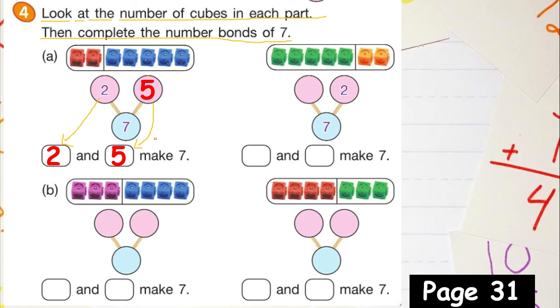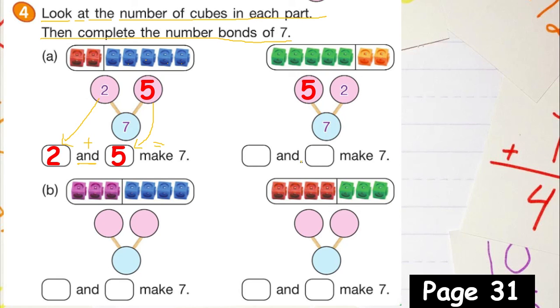Okay, so in English word, if we say and, meaning that's a plus, okay? You're going to add them. Okay? 2 and 5 make 7. Okay, the next one we have here 1, 2, 3, 4, 5. So you're going to write 5 there. So 5 and 2 make 7.